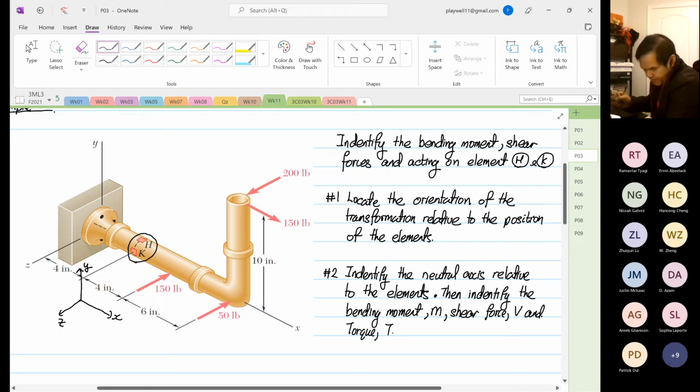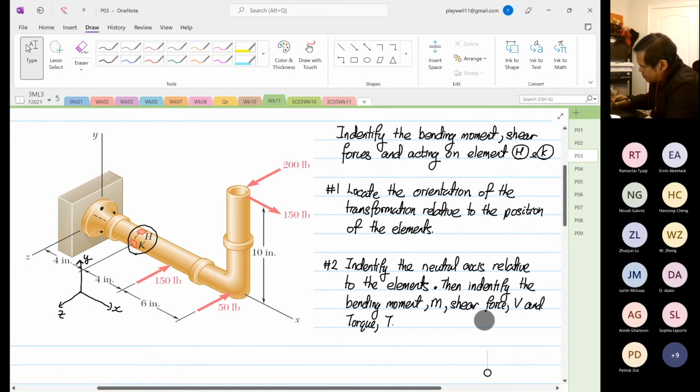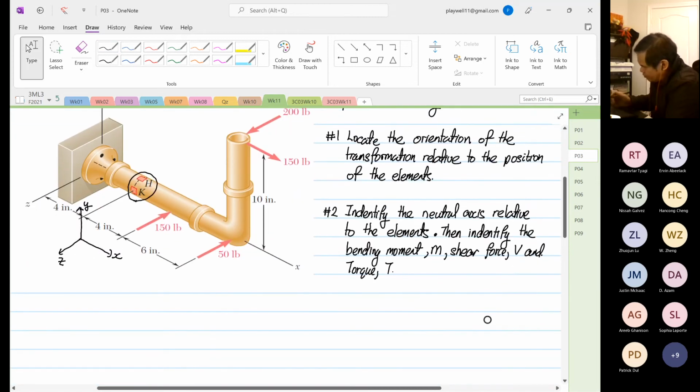So the difference between moment and torque: the units for moment and torque are the same, by the way. Moment is equal to force multiplied by perpendicular distance.